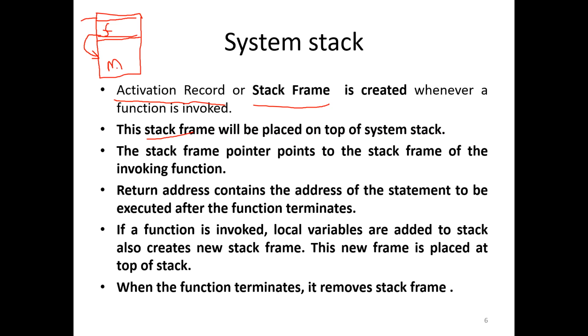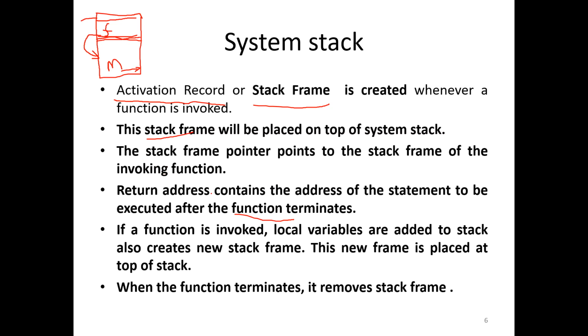For this, the invoking function is main, so there will be a pointer here. The return address contains the statement to be executed after the call. When f terminates, what is to be executed? The statement after the calling part in main.